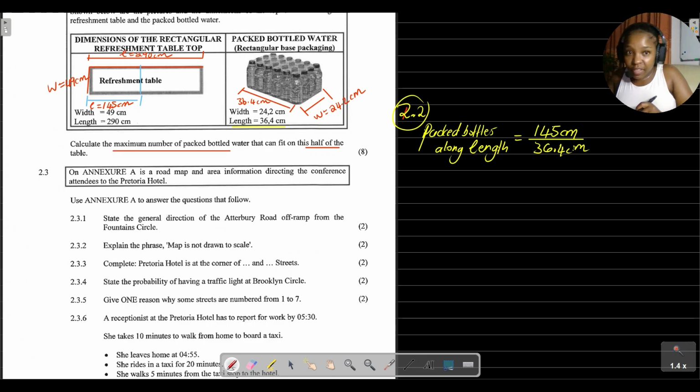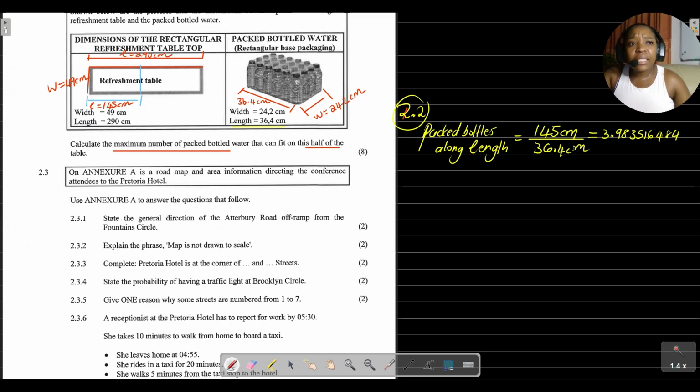145 divided by 36.4, we see that we can fit 3.983516484. But remember, we are not going to say we can fit 3.98 bottles.